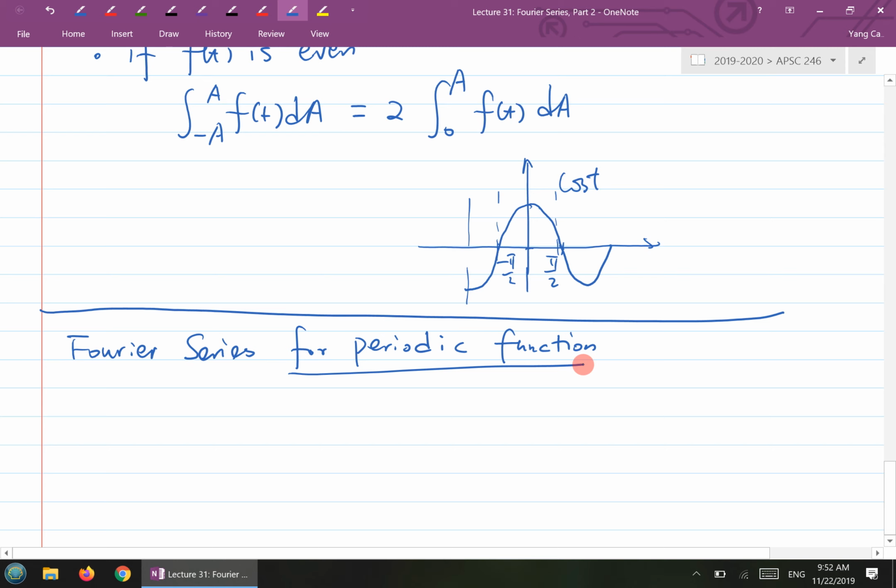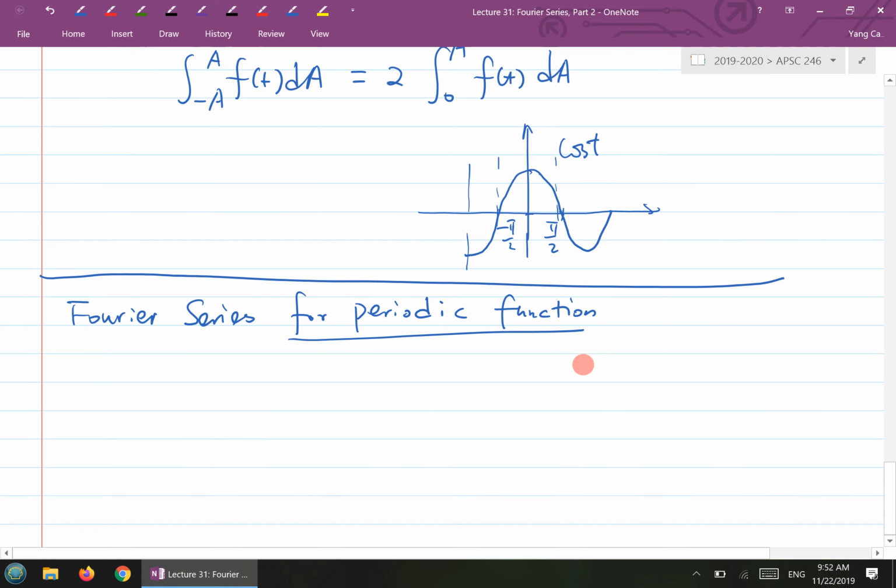So it has to be periodic. It's not for an infinite function without a periodic nature. And the idea of the Fourier series, as I showed you, is to write a periodic function as a sum of a series of cosine and sine terms with different frequencies. We call them harmonics, basically frequencies.